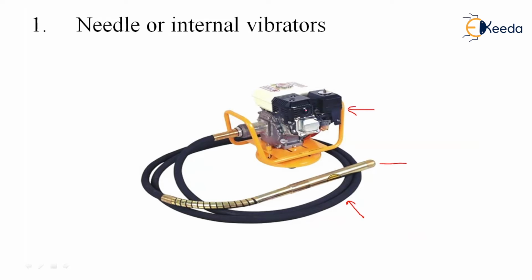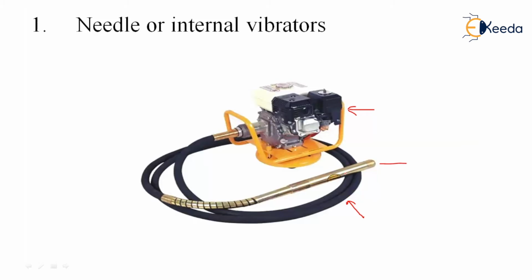Now what happens, the motor will be ignited, which runs mainly on diesel, and the machine will start through this shaft. The needle will vibrate at a certain frequency measured in vibrations per minute, and then the concrete gets densely placed. The air voids are removed. So how to use it?